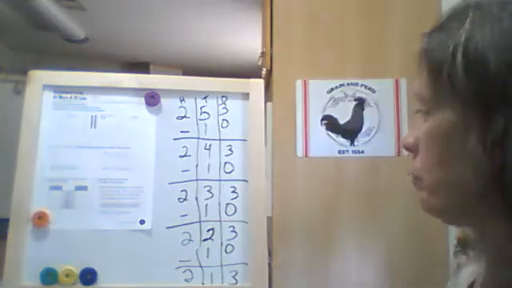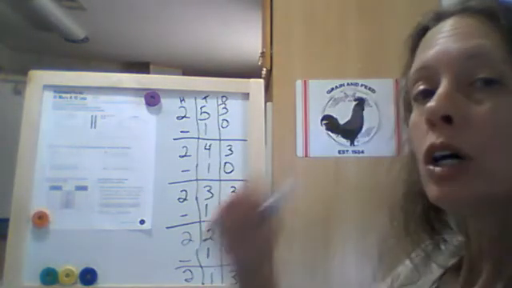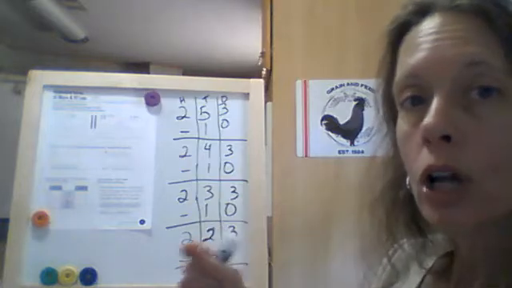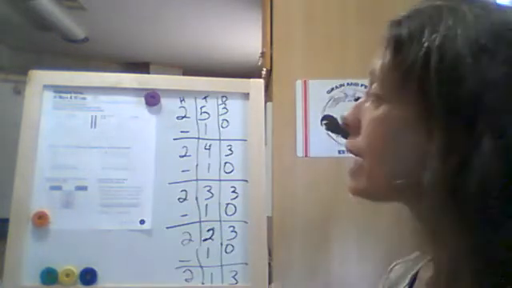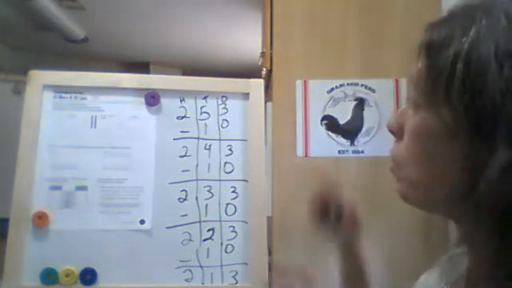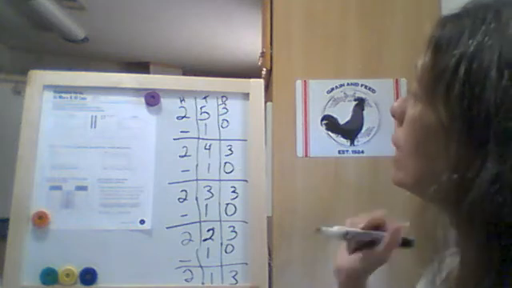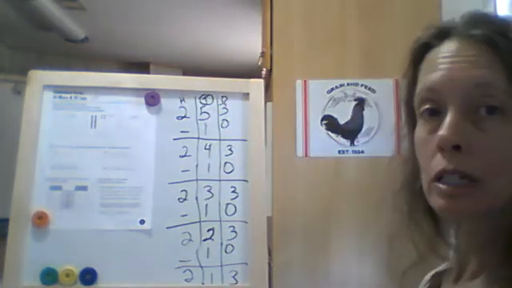Okay? Now, let's see what happened there. When we add, our numbers get bigger. When we subtract, our numbers get smaller. So let's see how subtracting tens influenced our number, made a difference in our number. Now, again, we're just working on the tens place. All right?